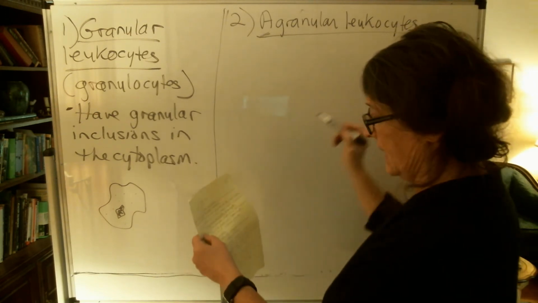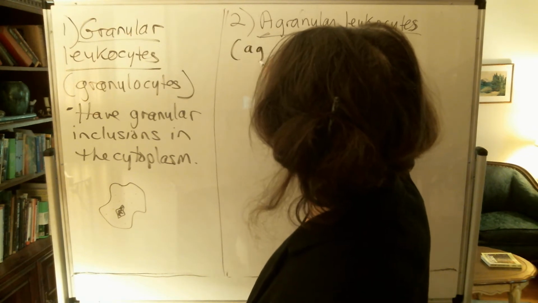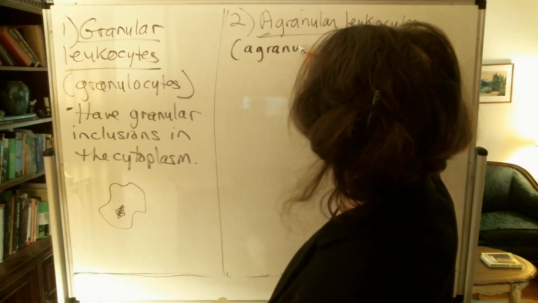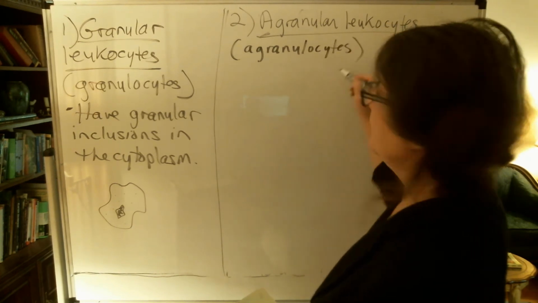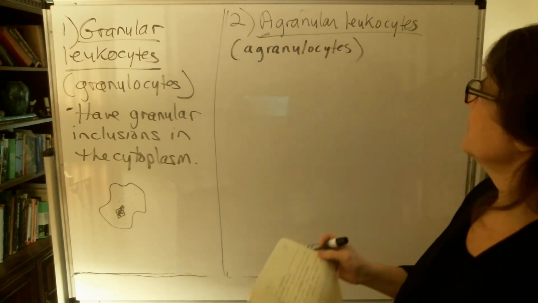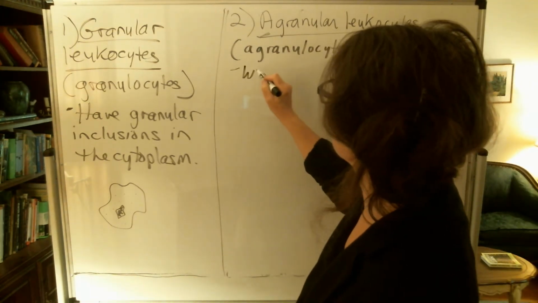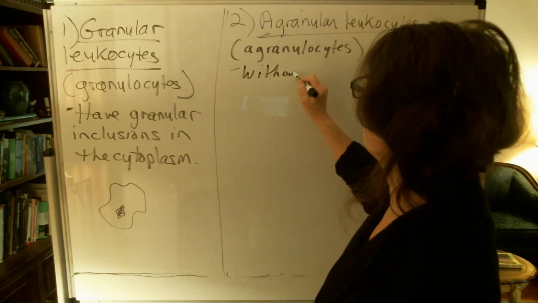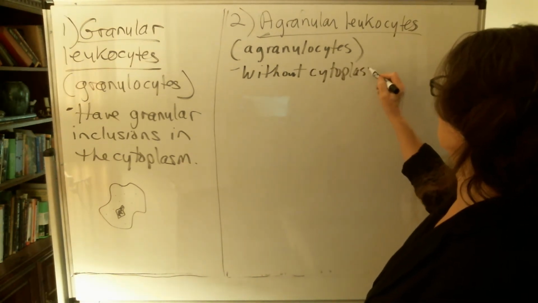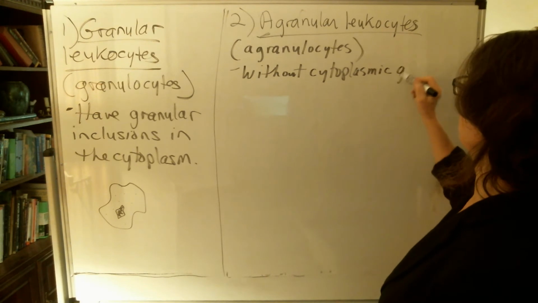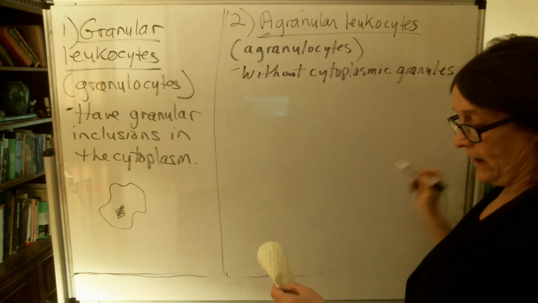So these then are, by the way, they can be known simply as agranulocytes. And these are simply white blood cells that don't have granular inclusions. So these then are without your cytoplasmic granules.